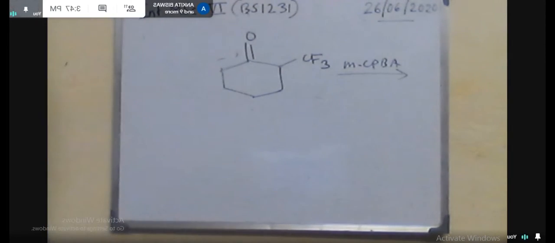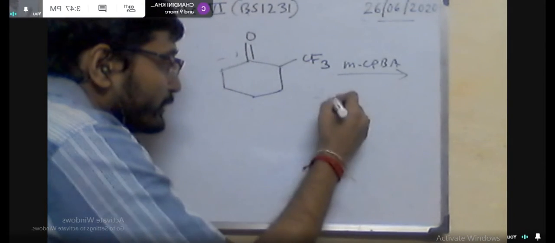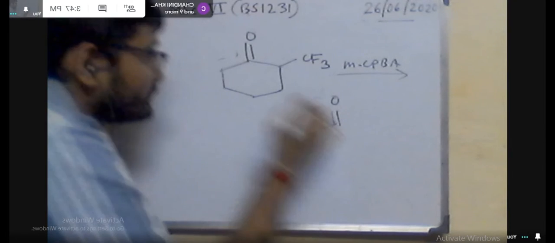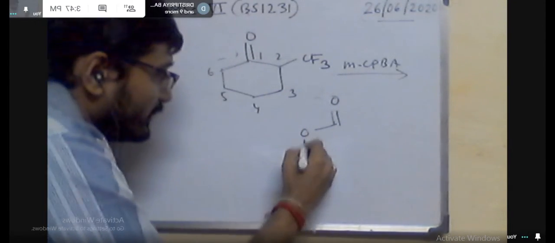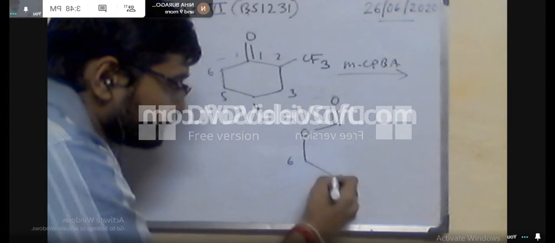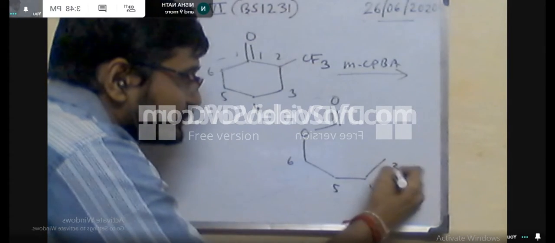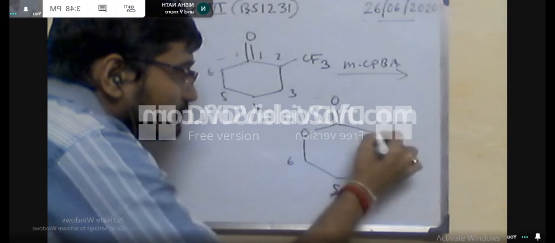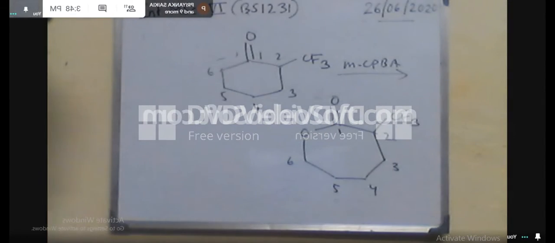Second is the order of the migratory aptitude: the group that shows more migration will be migrated and attached in the OR bond, that means in the ester bond. And the next thing is the electron density. If an electronegative atom is attached at the more substituted position, then that position will not be migrated, the other position will be migrated. Okay. So these are the examples and varieties of the Baeyer-Villiger oxidation.